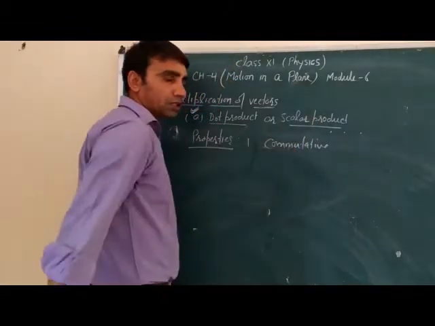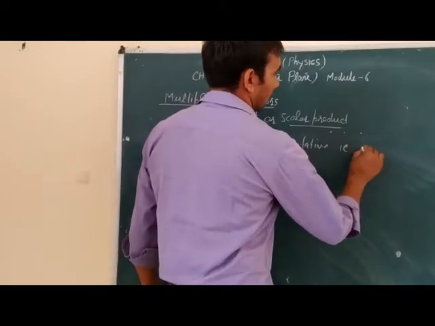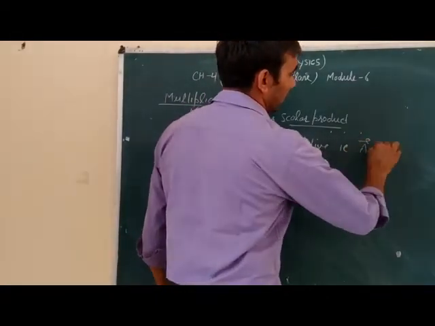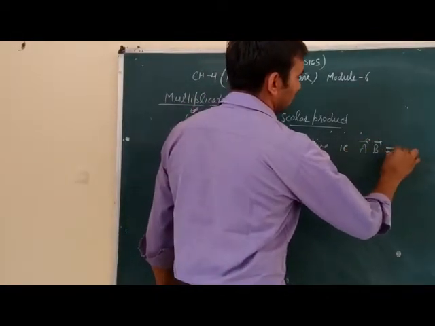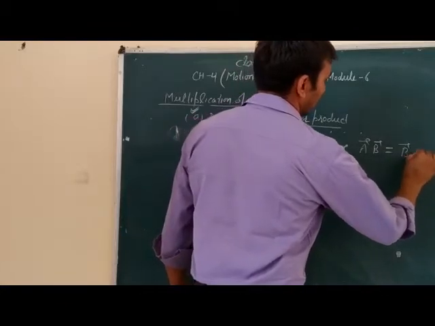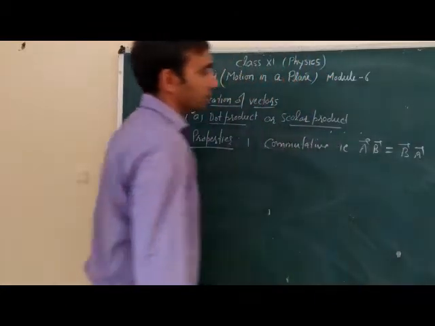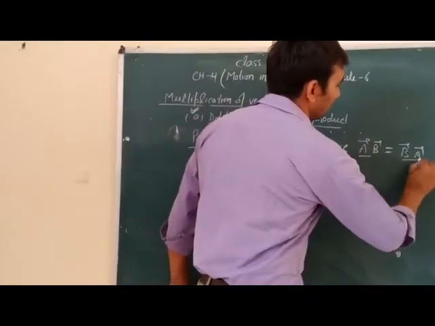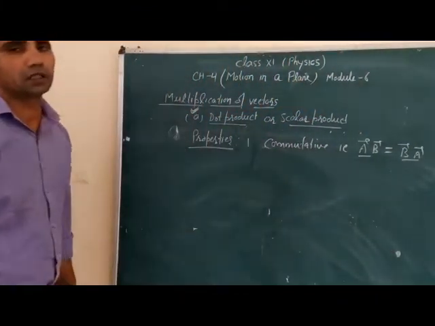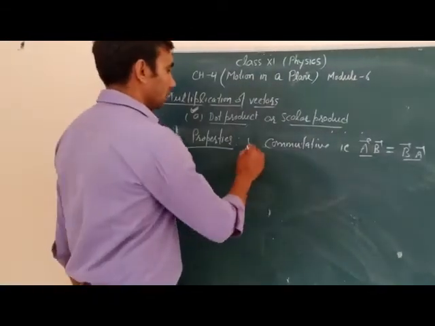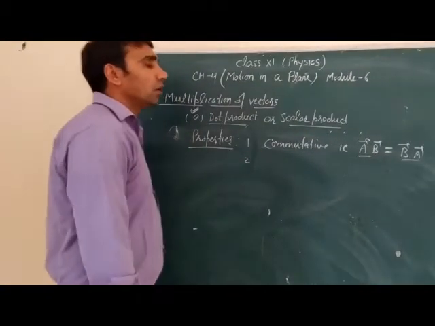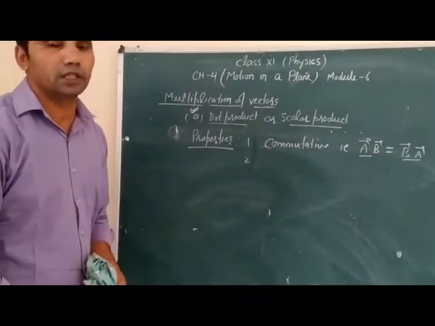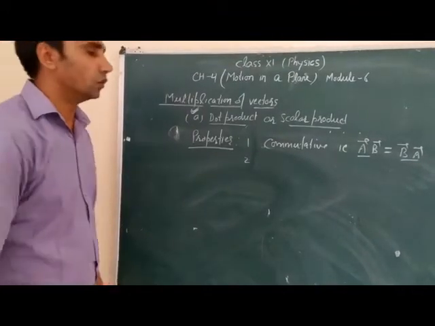Commutative means A dot B is equal to B dot A. This property is called the commutative property. Second, the dot product of two vectors is associative.